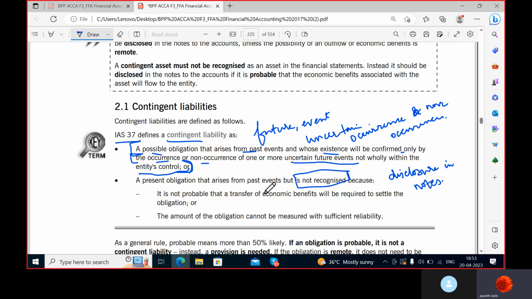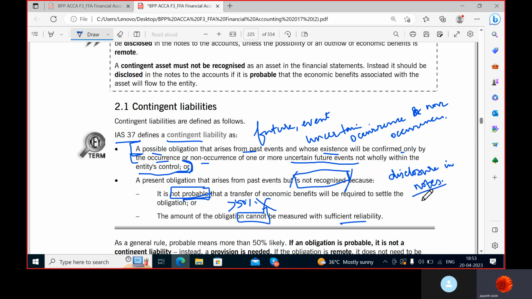Why is it not recognized in the books? Because it is not probable. We can't say that more than 50% chances are there that this is going to happen. So it is not probable that a transfer of economic benefit will be required to settle the obligation, and the amount of the obligation cannot be measured with sufficient reliability. These are the two terms which do not match with a provision. That's the reason it comes under contingent liability and is not recognized in the books.